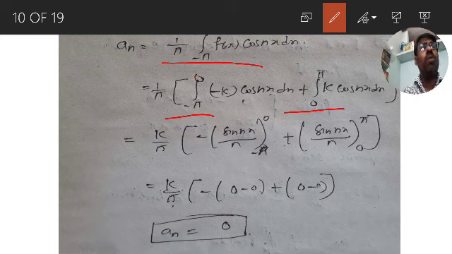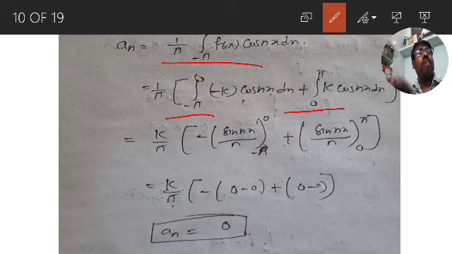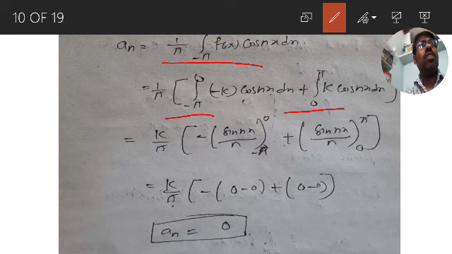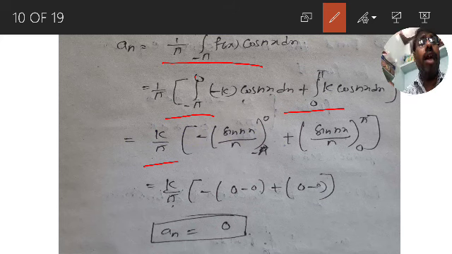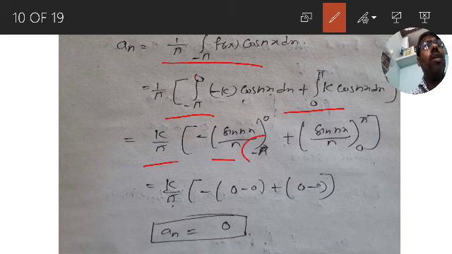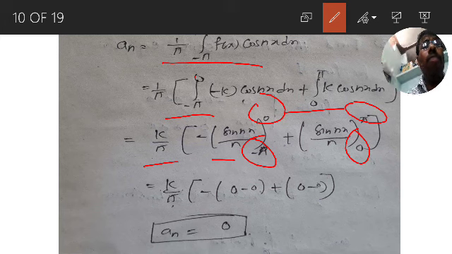In minus pi to 0 the f of x value is minus k, and in 0 to pi the f of x value is k. Substitute. Anyway, minus k and k are both constants, so they are outside the integral. Minus k by pi is outside, the integration of cos nx is sin nx by n, from minus pi to 0 and 0 to pi, upper limit minus lower limit.